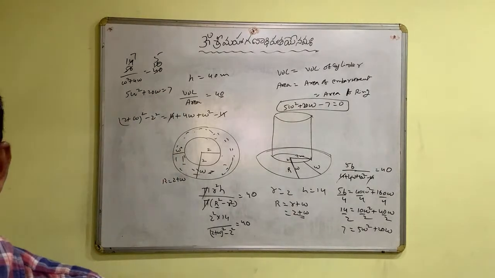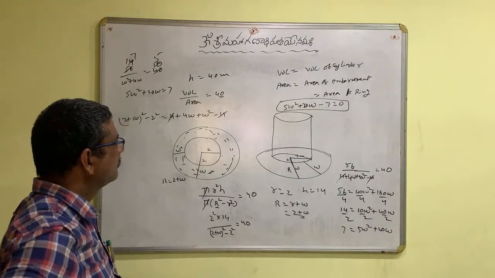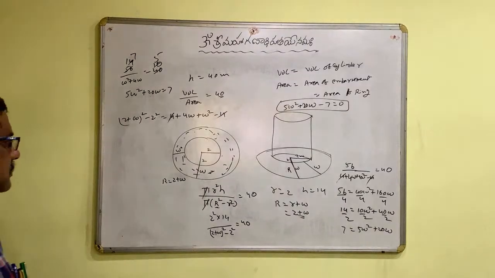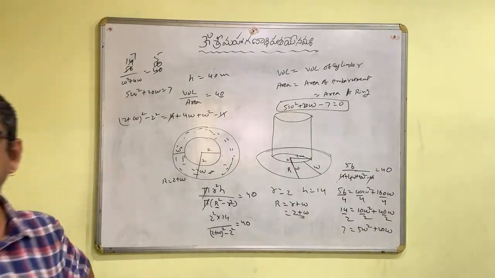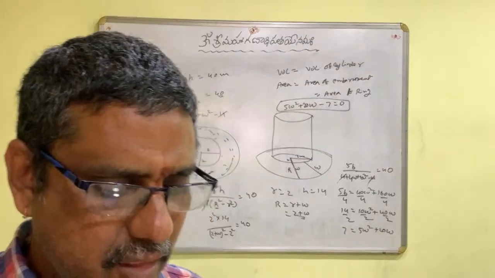Apply this b square minus 4ac formula, right? The problem is like this. Did anyone observe any mistake in this solution, right, children?